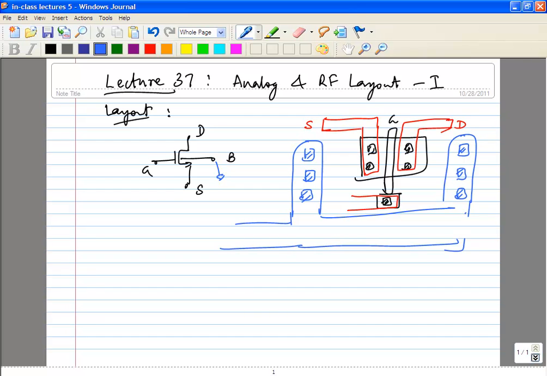Let's say the ground line goes across like this. Okay, a typical layout could look like this.